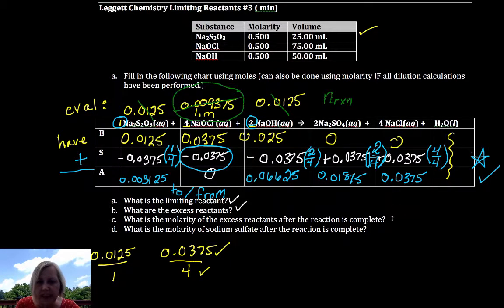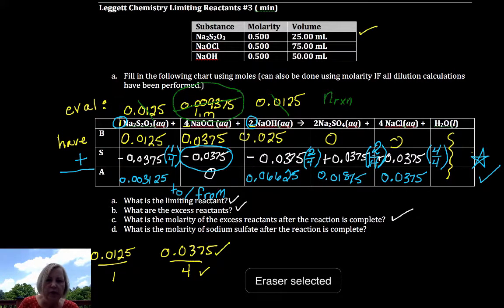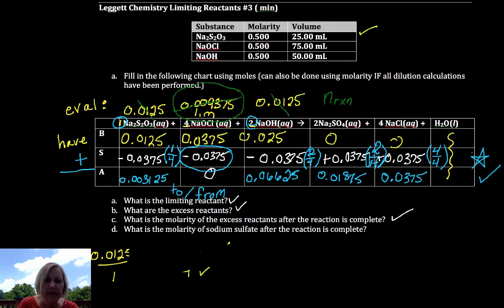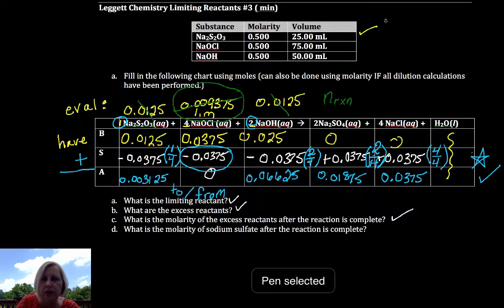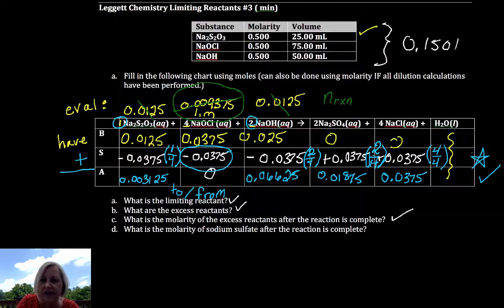So they said, what is the excess reactant after the reaction is complete? So to do that, we've now mixed all of these solutions together. Our 3 solutions were mixed together. So we have a total volume of 0.150 liters. 150 milliliters or 0.150 liters.